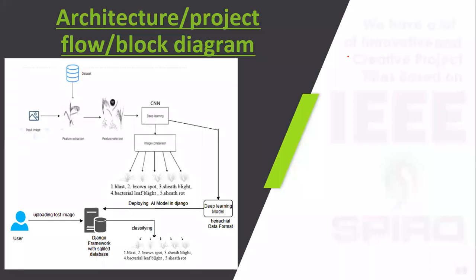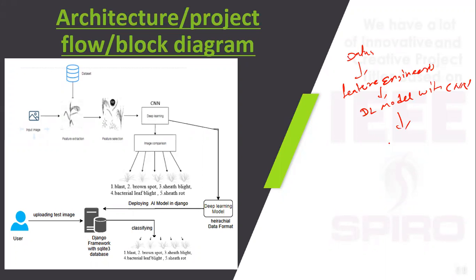Architecture. We take the dataset, then we use feature engineering. After feature engineering, we train the deep learning model with CNN, classify the results and get the best accuracy.